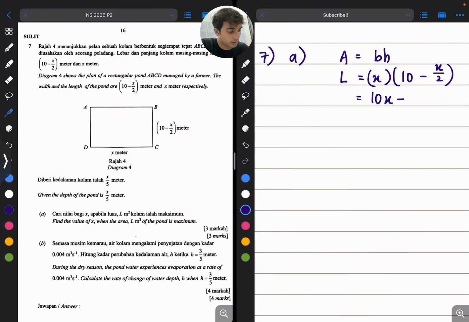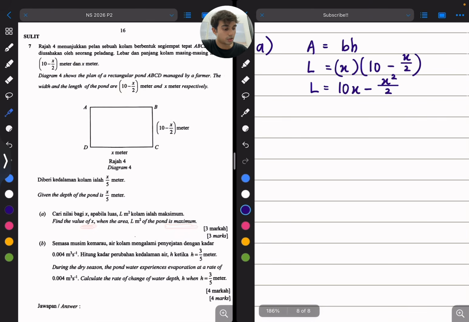L is 10x minus x square over 2. They're asking us to find the value of x when area is maximum. So when area is maximum, whenever you see the word maximum, minimum, turning points and all that, you must know dy dx is 0. So in this case, dL dx is 0.